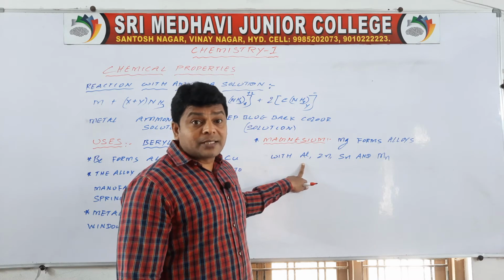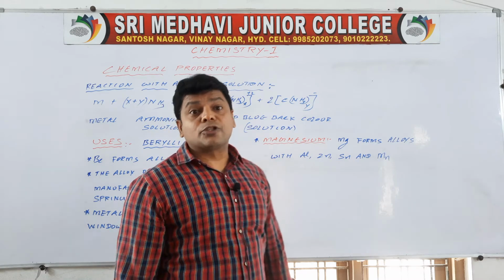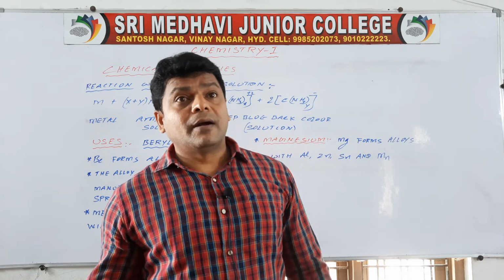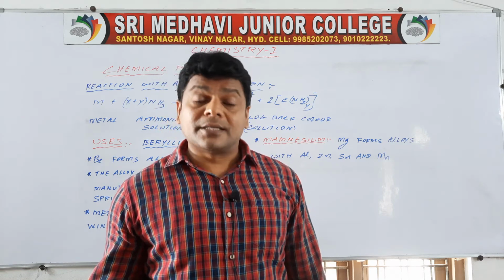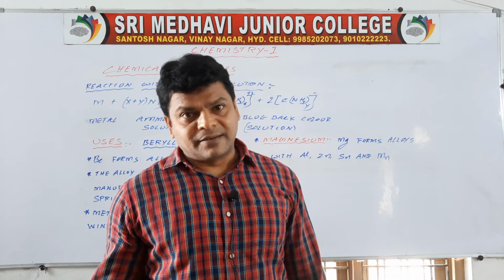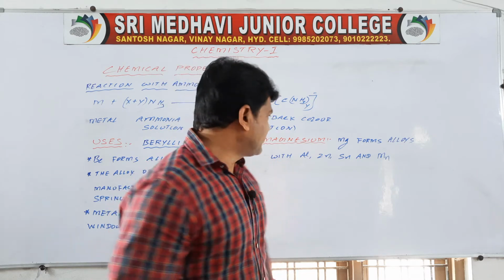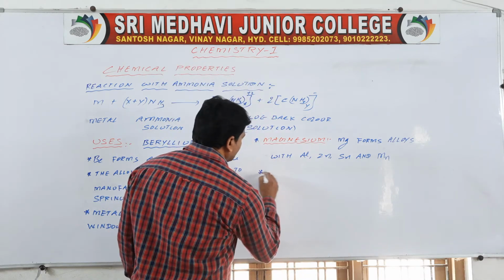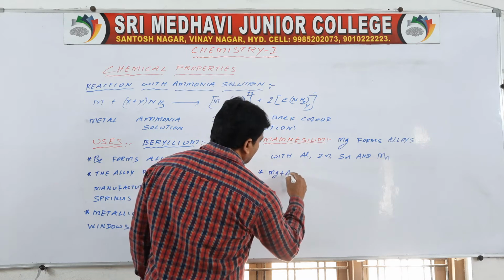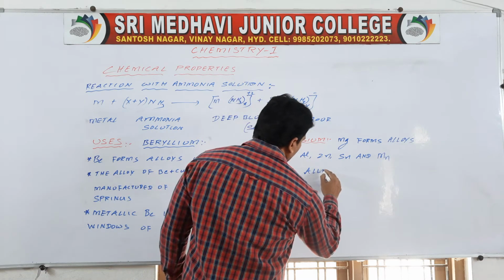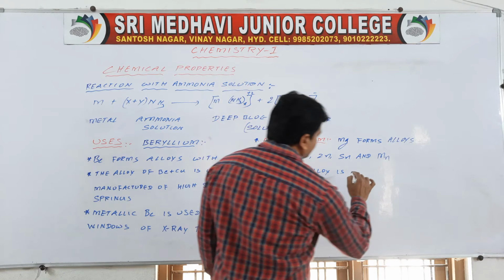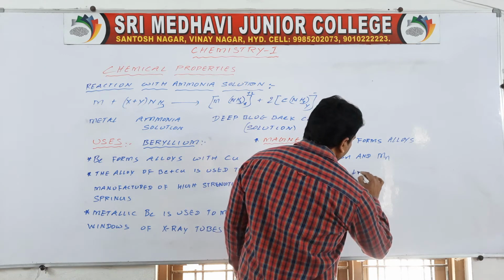Magnesium plus aluminum alloys are very light in mass. Due to their light mass, these alloys are used to prepare aircraft parts, in the construction of aircraft.